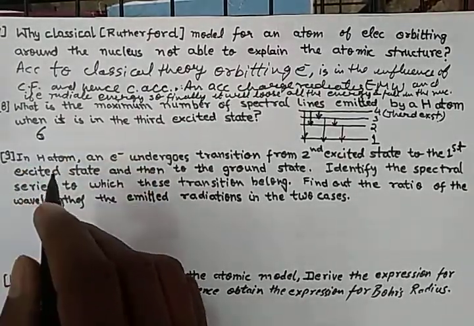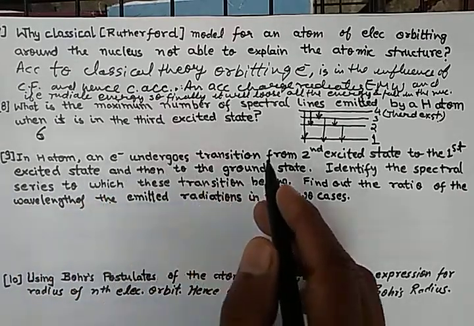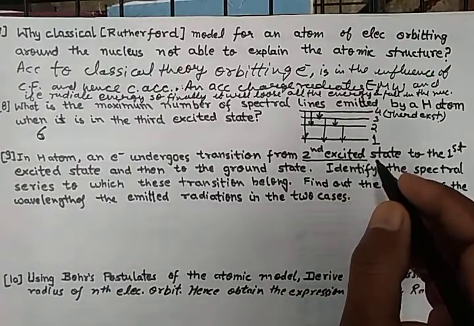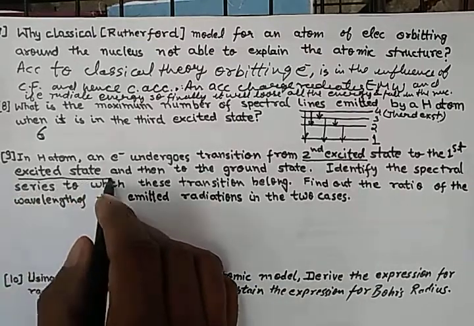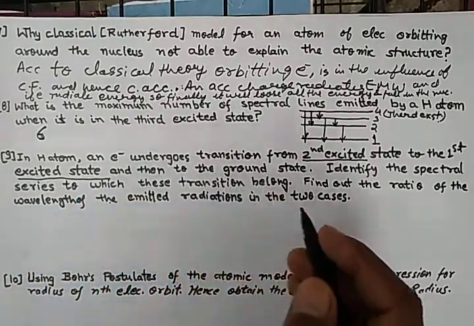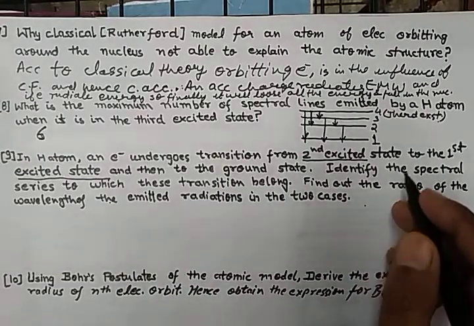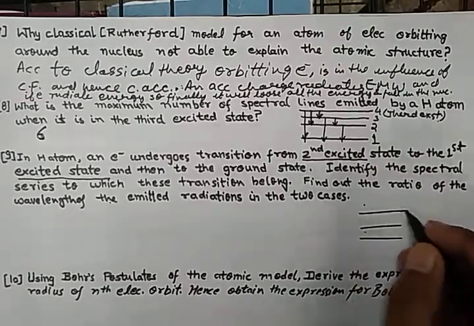Okay, in a hydrogen atom, an electron undergoes transition from the second excited state, meaning n equal to 3, to the first excited state, meaning n equal to 2, and then to the ground state. Okay, so we can draw this. Second excited state, 1 2 3, that's enough.